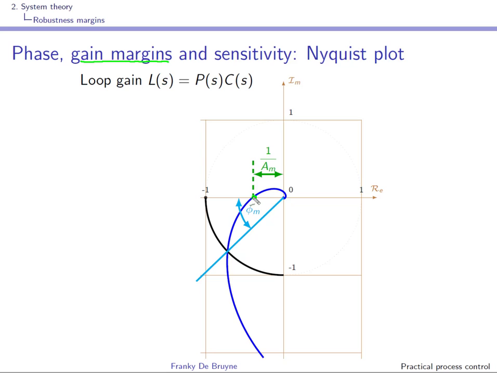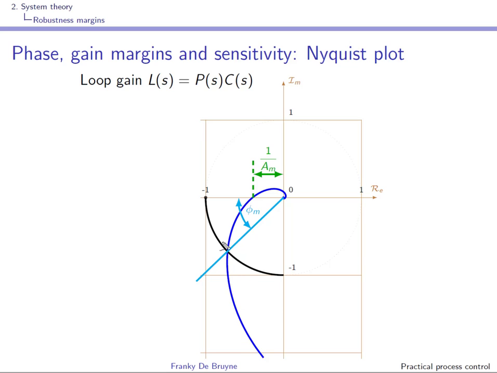This point over here corresponds to omega equal to omega u, the ultimate frequency, and you can clearly see that at that frequency the phase shift is minus 180 degrees. The magnitude of the loop gain at the ultimate frequency is given over here, so the gain margin is 1 over this distance.